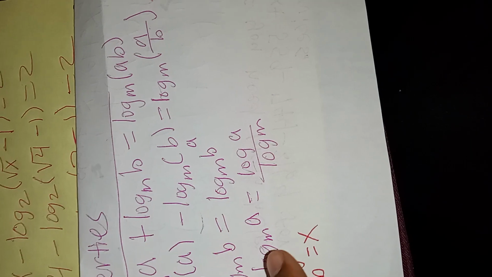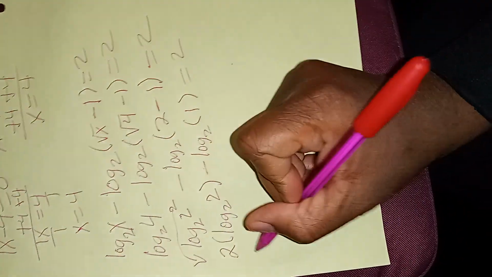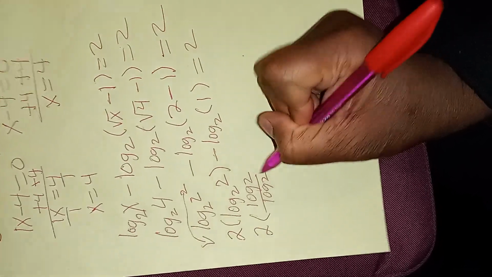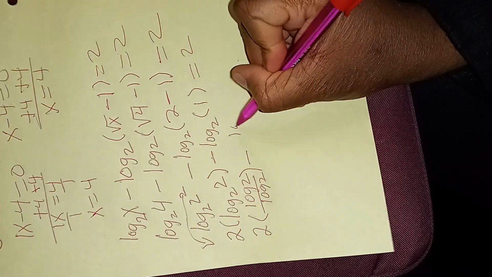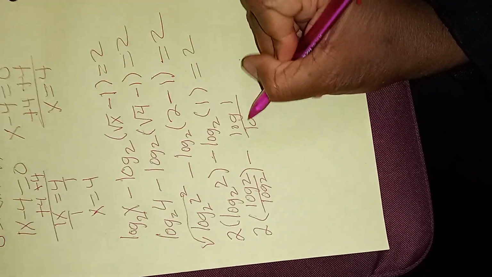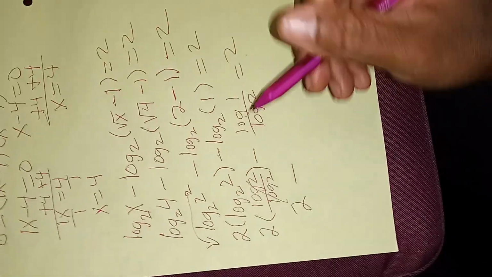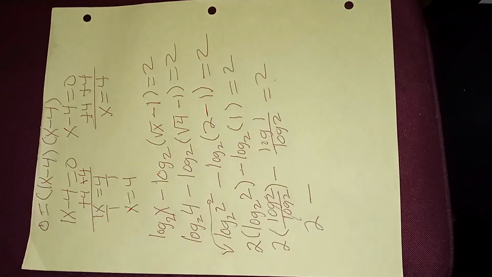And now we need to utilize the other formula that I mentioned: log sub m of a is equal to log a divided by log m. Okay? So 2 times log 2 divided by log 2 minus log of 1 divided by log of 2 is equal to 2. And this will cancel out here and leave us with 2 minus log of 1 divided by log 2.